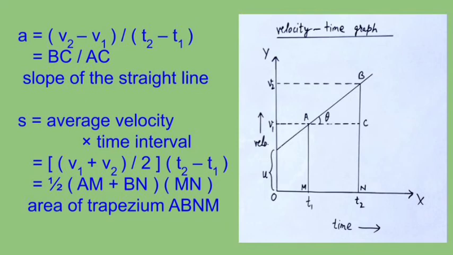So it is equal to half AM plus BN into MN, which is the area of the trapezium ABNM. So from the velocity time graph of uniformly accelerated motion, we can obtain the magnitude of acceleration from the slope of the curve, and the area under the curve gives the magnitude of distance travelled in a certain time interval. So we see that graphical representation provides information about the nature of the motion, and we can find the magnitude of the various quantities related to motion.